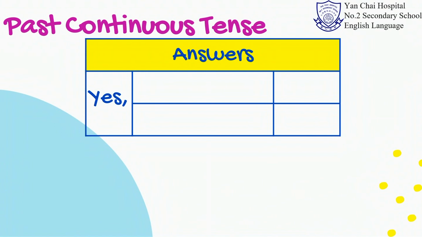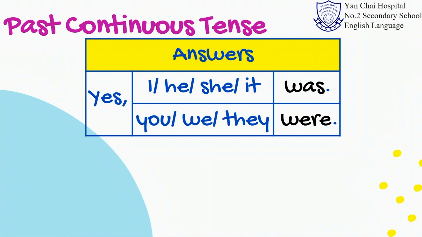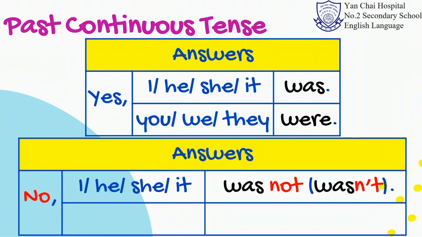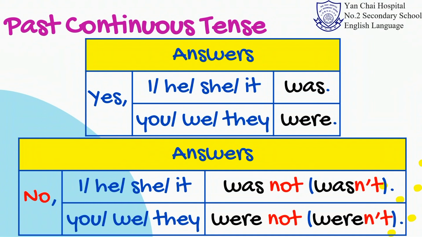If the answer for the questions is yes, we can say yes, I, he, she, it was. Yes, you, we, they were. If the answer is no, we can say no, I, he, she, it was not. No, you, we, they were not.